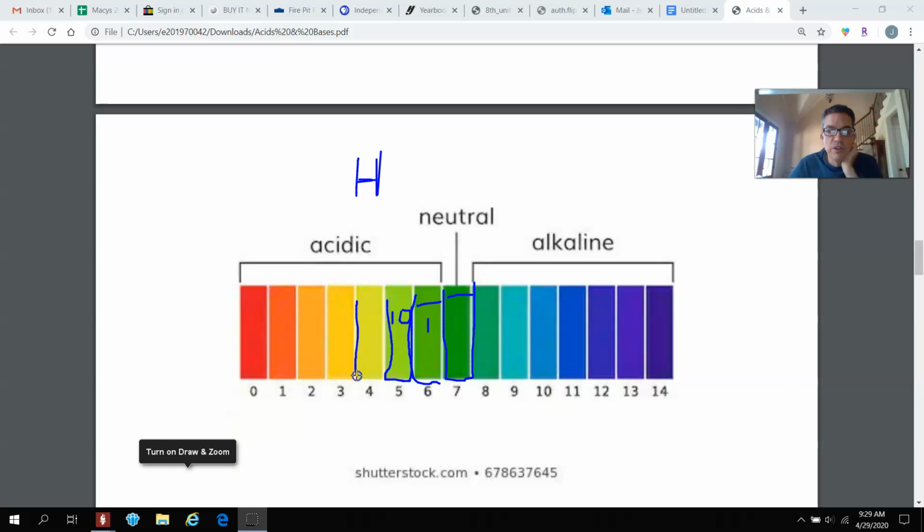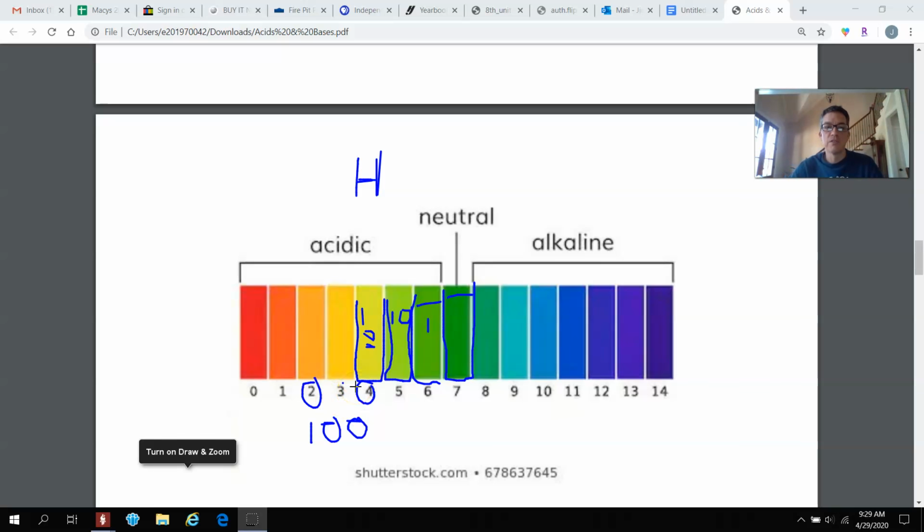And then as we move to a pH of 4, we're going to get 10 times that amount, which would be 100. So every time we move over, we're going to be multiplying by a factor of 10. So a 2 is 10 times more acidic than a 3. A 3 is 10 times more acidic than a 4. So therefore 2 is 10 times 10, or 100 times as acidic.